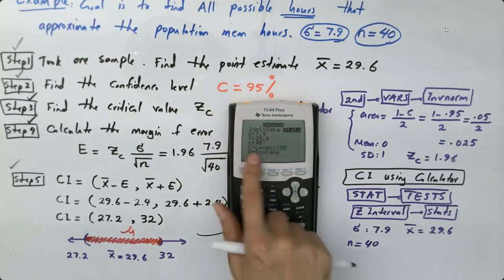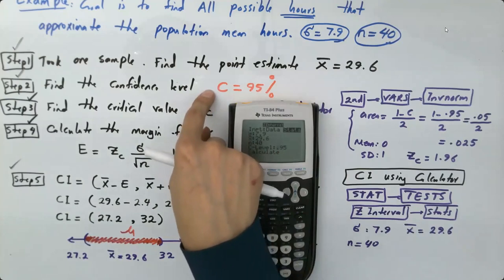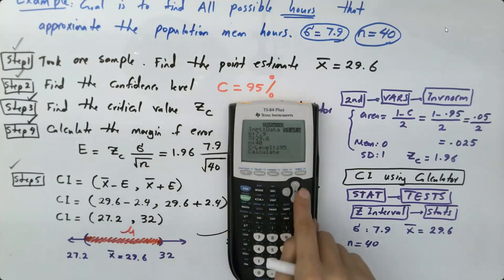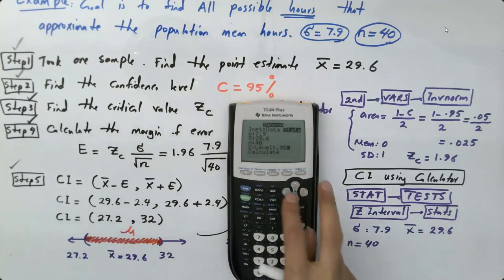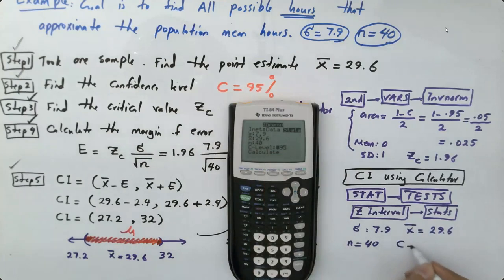And the confidence level, C-level: remember that it wasn't given to us, so we automatically selected 95%. Guys, remember that, 0.95. It's a common mistake, students forget to put the point. It must have 0.95.